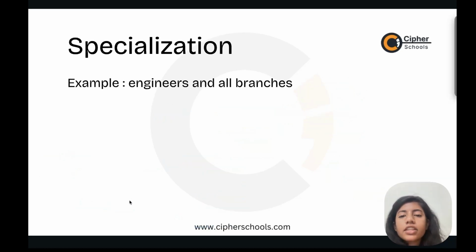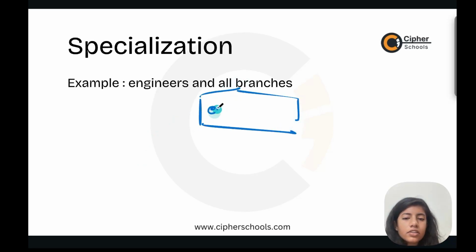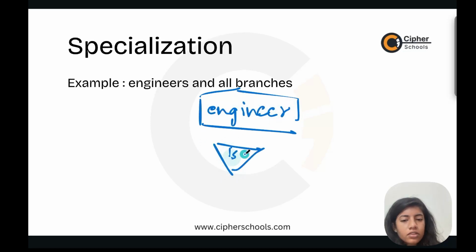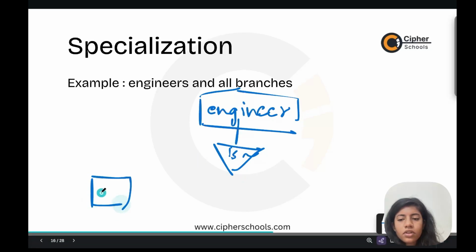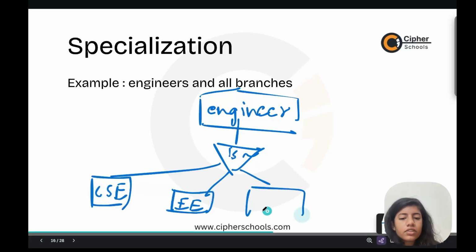So let us have an example of engineers and all branches. Now, an engineer can be an electrical engineer, a computer science engineer, or a civil engineer. So we can have our general entity as engineer, and now it can be a CSE engineer, civil engineer.